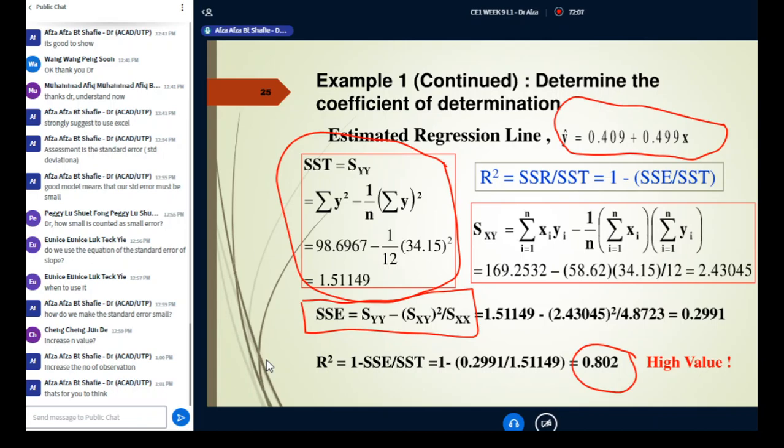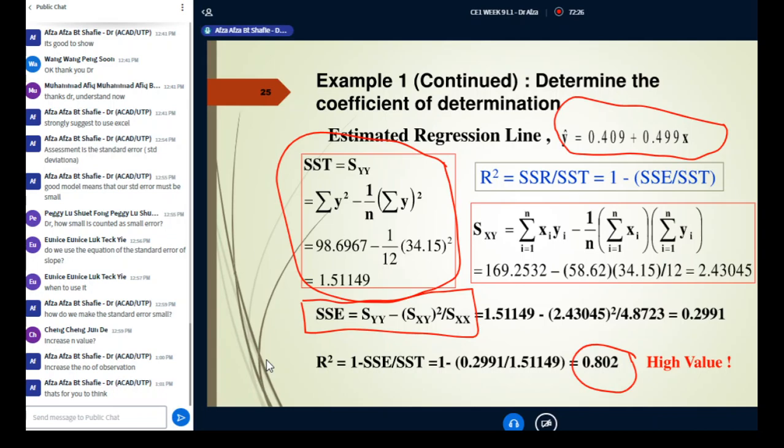So this is how we interpret that. We say that 80% of Y depends on the X. The other 20% can be some other unexplained variation. So that means it's a good model.